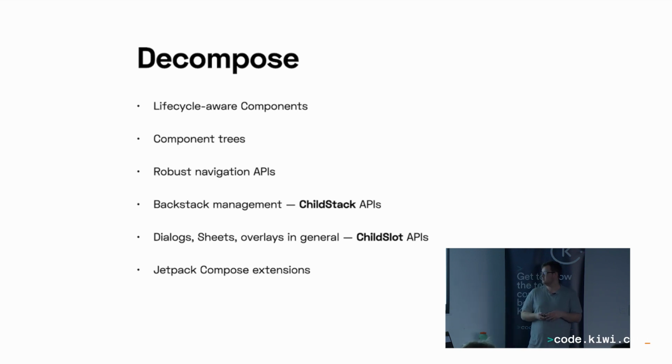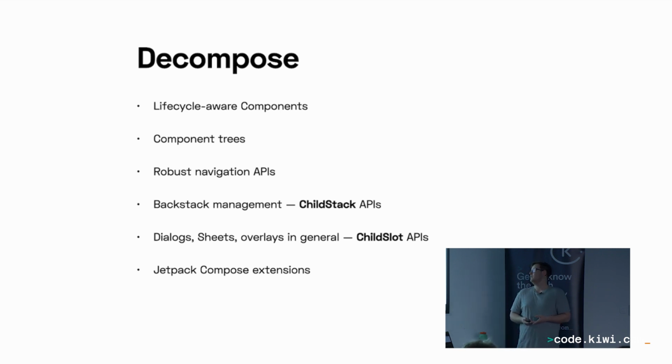It uses child stack and child slot APIs. While child stack APIs allow you to stack multiple components on top of each other, like a deck of cards, the child slot APIs are really useful for displaying temporary overlays such as dialogues, alerts, sheets, and so on.